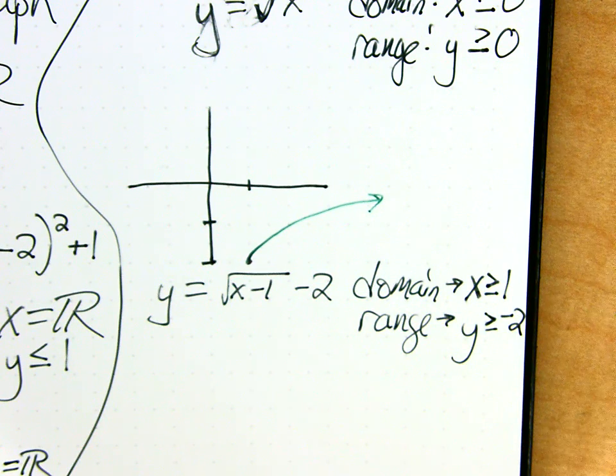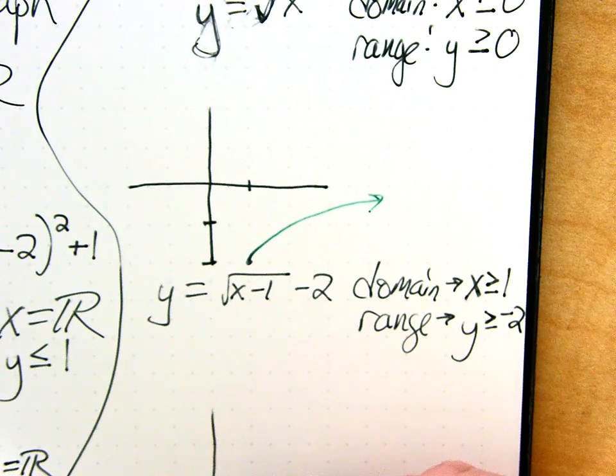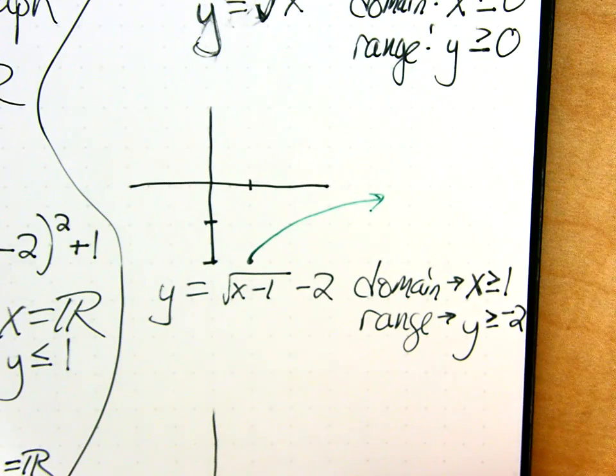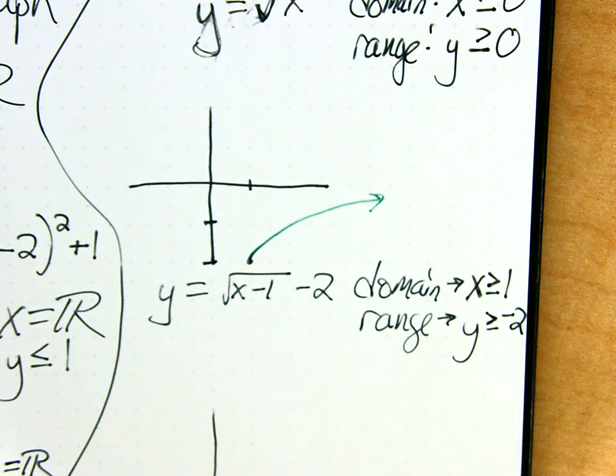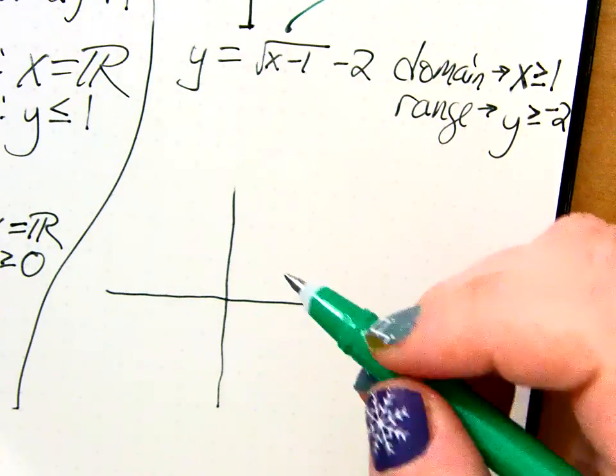Okay, one more. I'll let you try it. Let's see how this goes. I wonder if you can come up with this equation. Oh, you can't even see it. All right. Let's do this one.